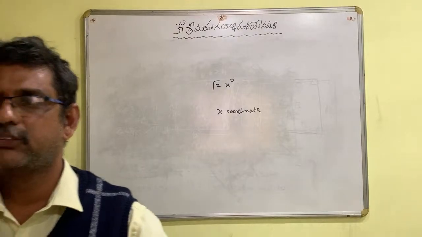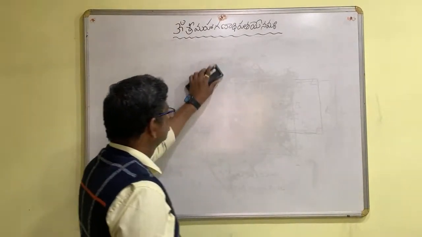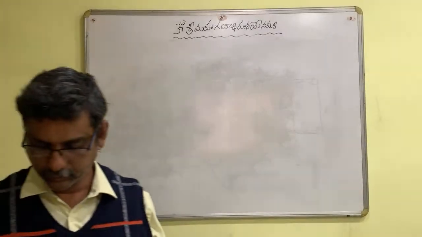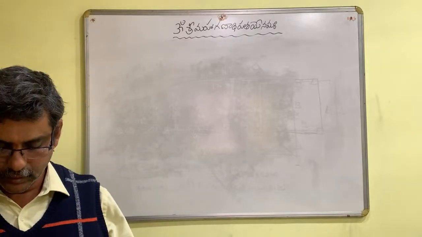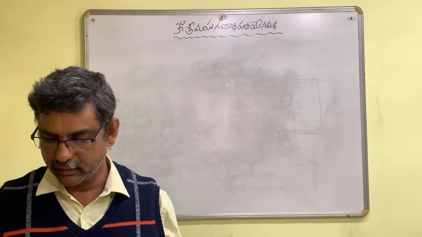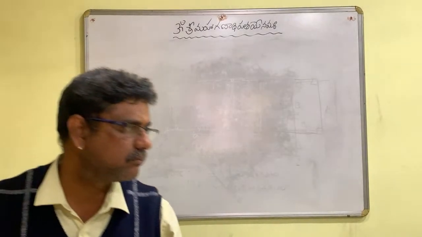Next, see question number 5. In the given figure, POQ is a line. The value of x. Fast.